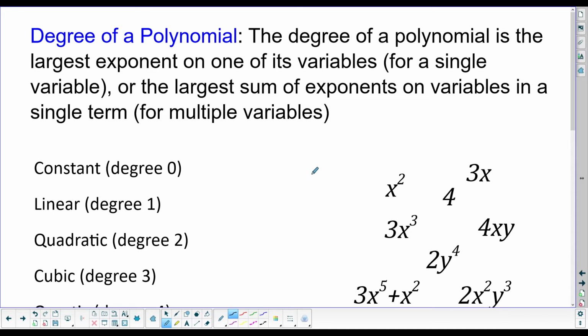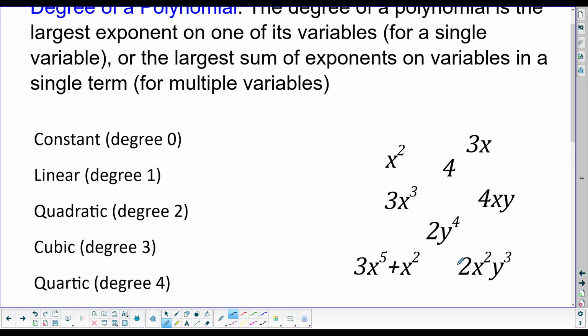So for example, in this one right here, we have 2x to the second, y to the third. Well, we have two variables multiplied together, and we have multiples of those variables. So there's actually 5 variables being multiplied together. So this would be a fifth degree polynomial, a fifth degree term.